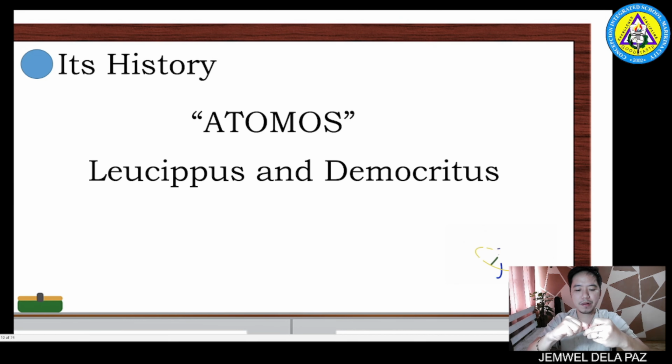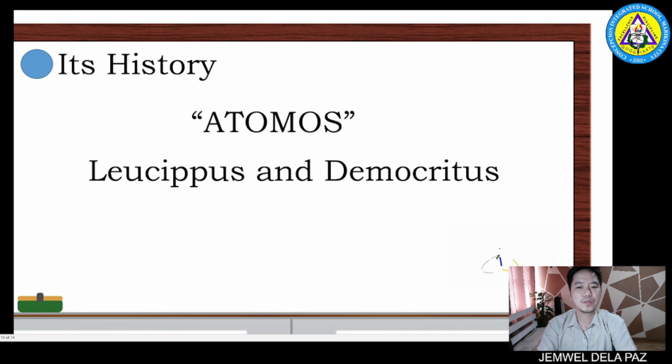On the sixth, probably I can still fold it, but on the seventh, I can no longer fold it. So therefore, I can fold this paper 6 times, and I came to the point that I can no longer fold it. That's how Leucippus and Democritus thought about this word atomos.